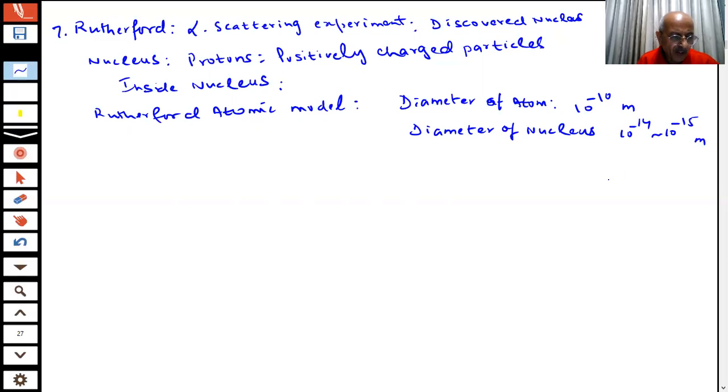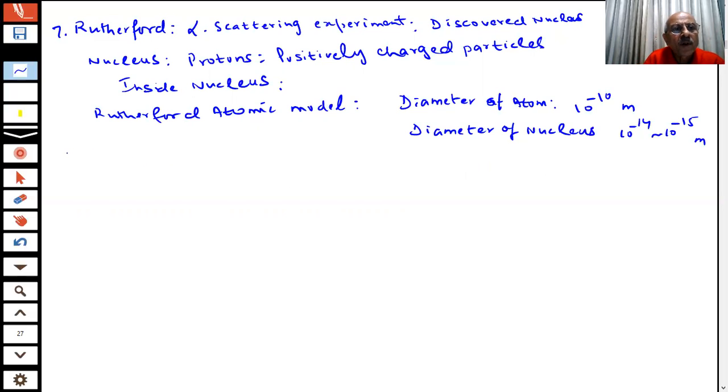So you see how small it is, about 10,000 to 1 lakh times smaller than the atom. This is the size of the nucleus. So can we see these things? No, only in experiments, students. In science you have observations, experiments, and then you give some results, some theories, some models, students.